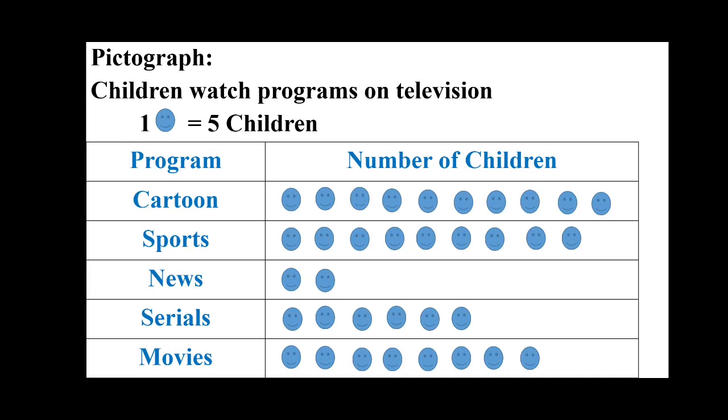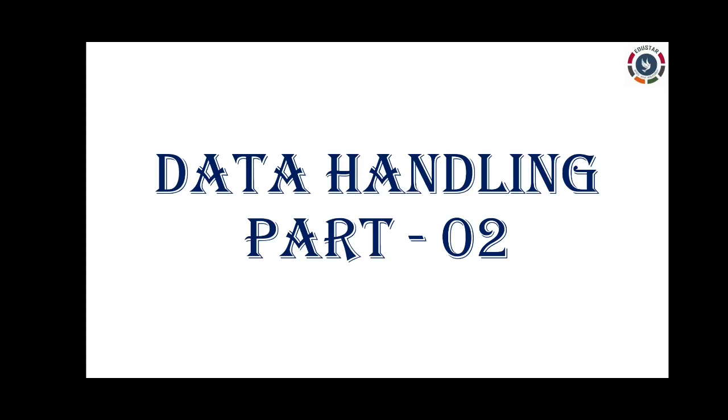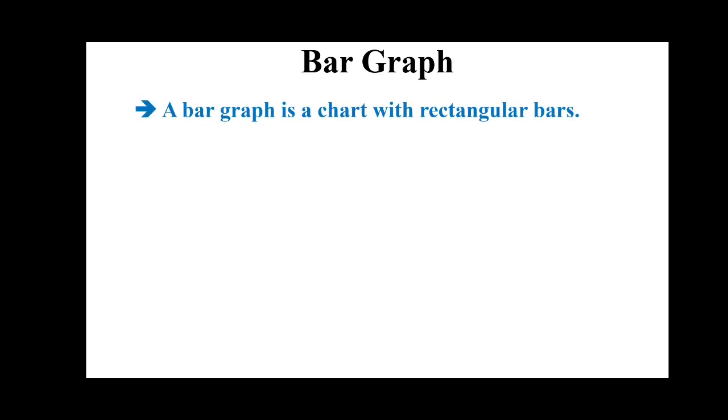Next, in the data handling part 2 session, we will see about bar graph. Bar graph is a representation of numerical data by using rectangular bars. It is also called bar chart.